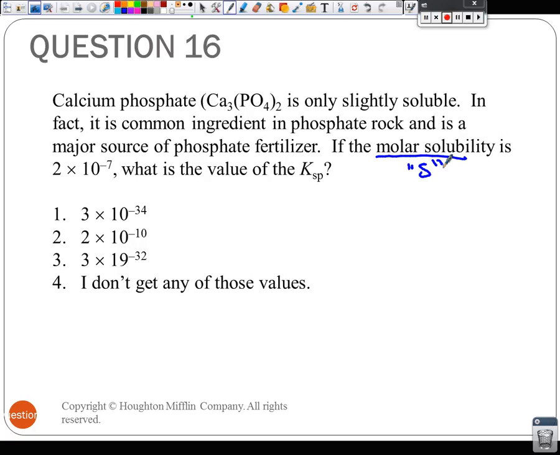So, the first thing I want you to do, without even doing a balanced equation, see if you can write the KSP for it. Think you can do it?